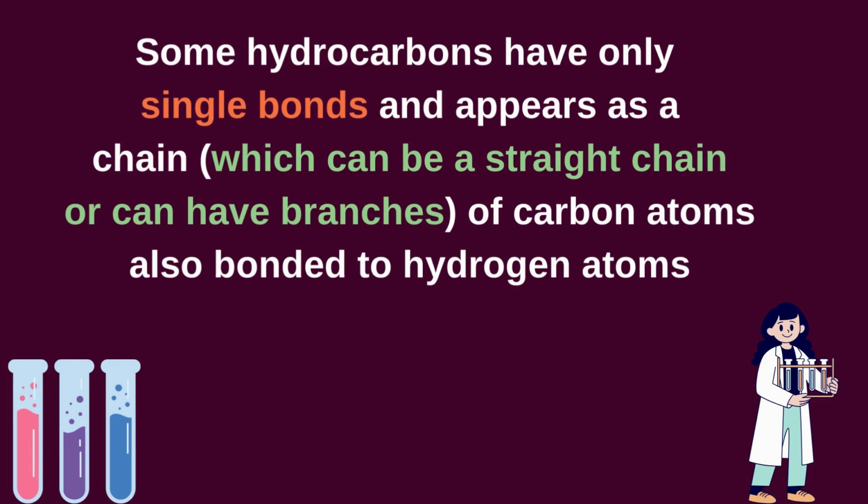Basically the valency of carbon is 4. It can be a straight chain or it may be branched, and carbon atoms are also present above the chain or below the chain.